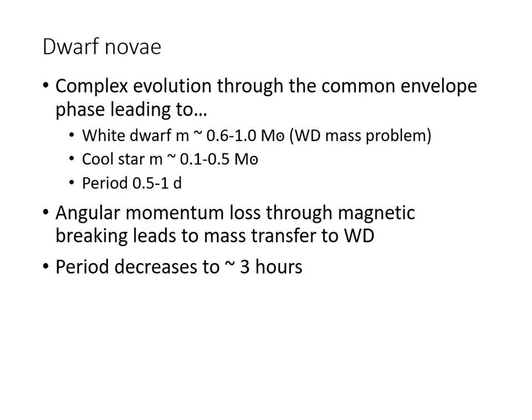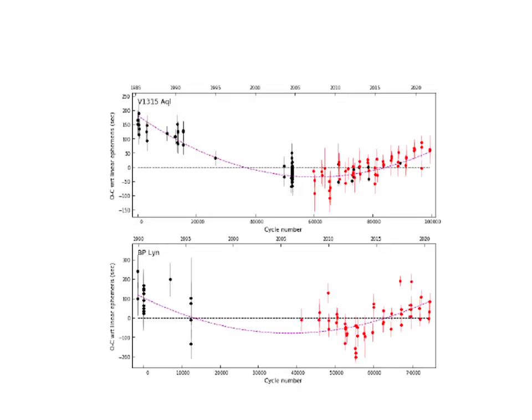For the stars that end up as dwarf novae, they appear with a period of about 1 day, and then angular momentum loss is supposed to decrease the period down to about 3 hours, where you meet the period gap. And David will go through this in a lot more detail later.